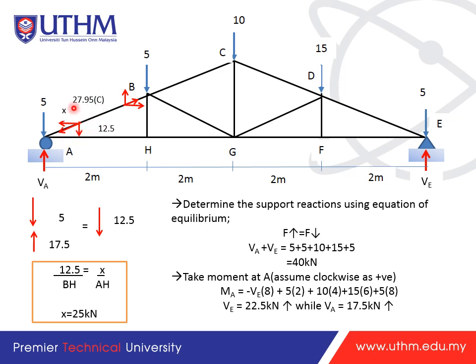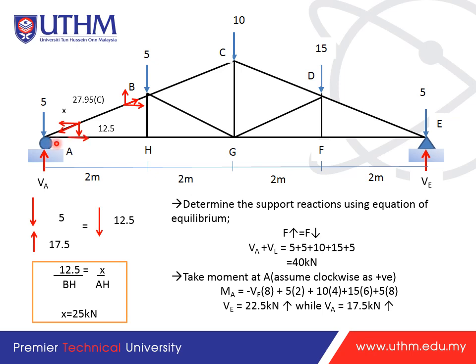How do we get 27.95? This one you use the concept of the Pythagoras theorem. So 12.5 power of 2 plus 25 power of 2, and the square root. So you will get this value. Okay, so the member force in member BA will be in compression.